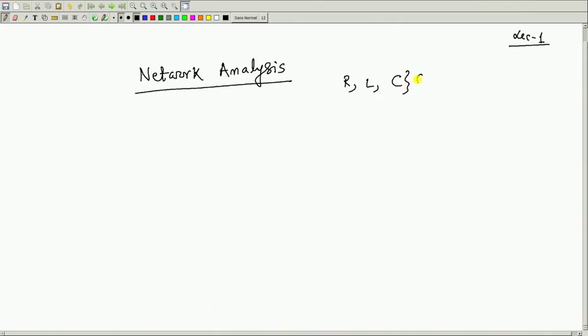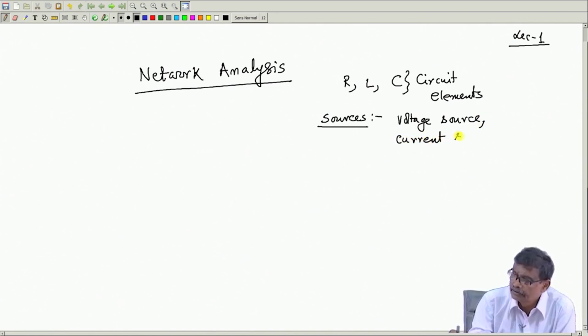Therefore, very loosely speaking, a network essentially consists of elements like resistance, inductance and capacitance. These are circuit elements, and there will be sources which will energize the circuit, and these sources could be a voltage source or a current source, or both.